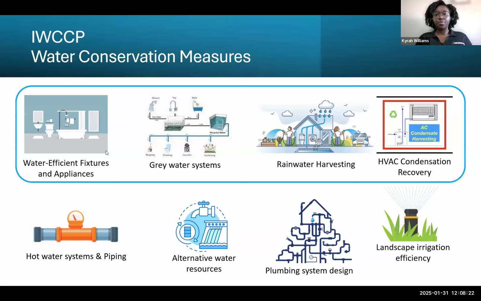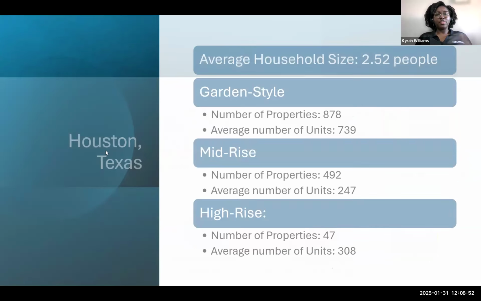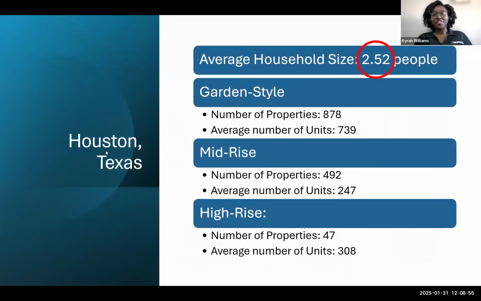However, the 4 that are circled in blue, I would consider the quote unquote low-hanging fruit, methods that we can implement initially, that can do something for this building typology versus another and help us conserve water within the city. Those 4 are the implementation of water efficient fixtures, gray water systems, rainwater harvesting, and HVAC condensate recovery, which I'll later go into detail once I get past this screen.